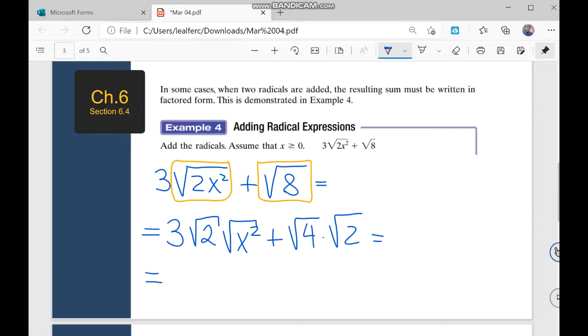Simplify whatever you can, because you have 3 times the square root of x squared, which is x, and the square root of 2, we cannot simplify, you just repeat here square root of 2. And what is the square root of 4? Remember, square root of 4 is 2, square root of 2.